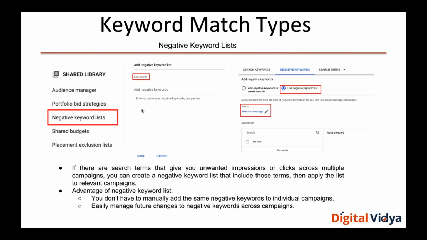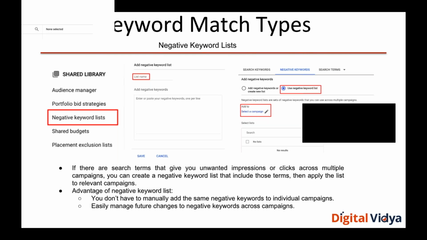Once I add the negative keywords, I can save it. And once I save it, in the other interface, which I already showed you, when I select use negative keyword list, I will be able to select the list and add it to a particular campaign. Are we clear on this?